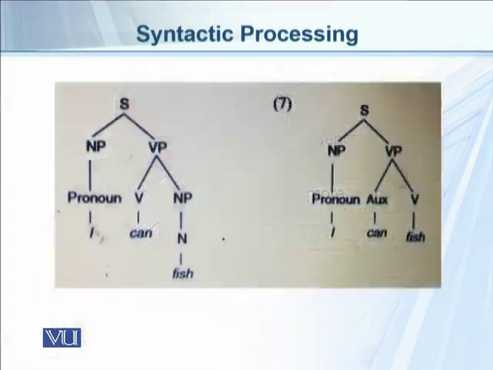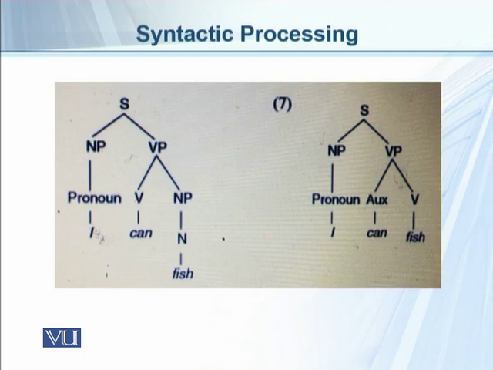We can see in this tree diagram that the parser has resolved the ambiguity and can give us two different structures. In one, can is the verb and fish is the noun phrase, and in the other, can is the auxiliary verb and fish is the main verb.